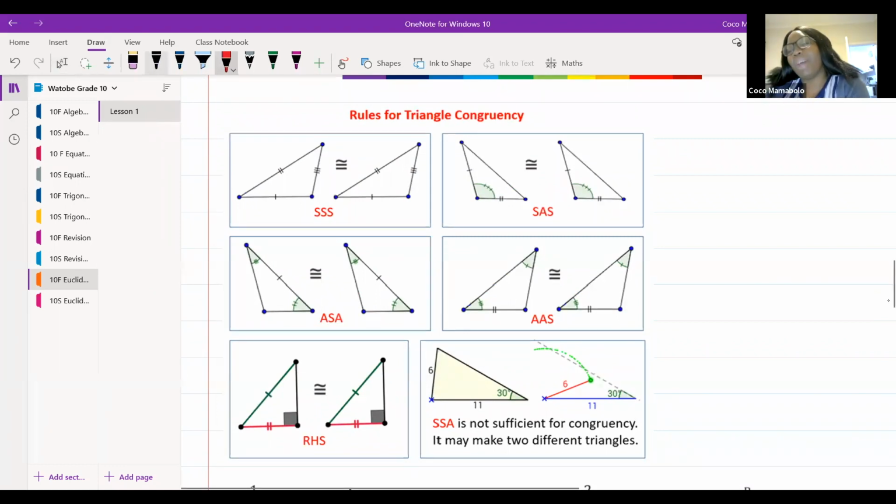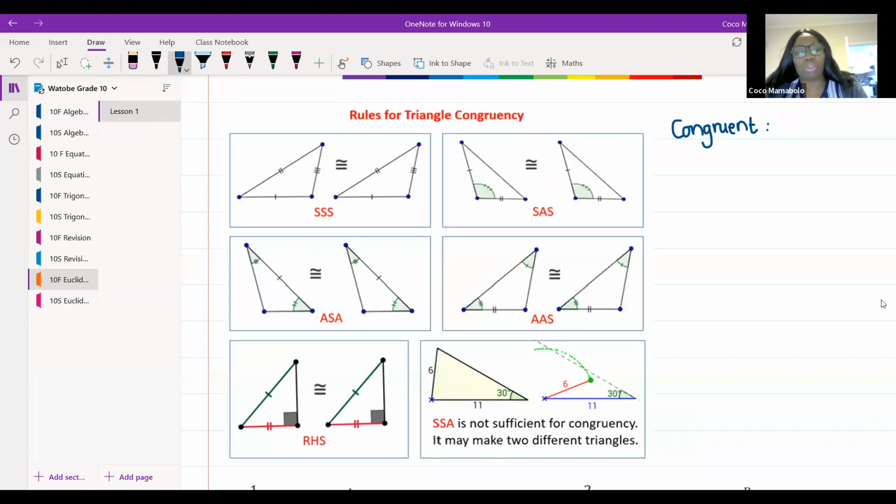Who can remind us, what is congruency exactly? What does congruent mean? That's okay, Makuluwe. Excellent. I'm not going to take that because similarity is something else completely.